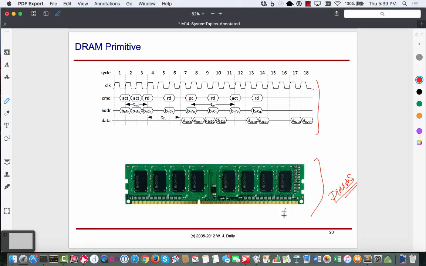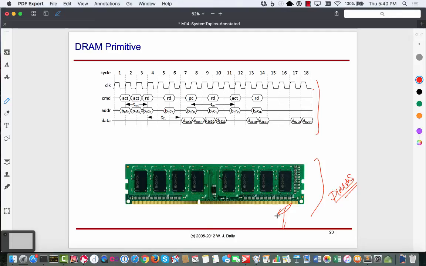DRAMs are very dense. So what's the largest DRAM DIMM you think you can currently buy? Anyone? No? You never buy memories for your computers? No? So they usually come 4-bit wide.